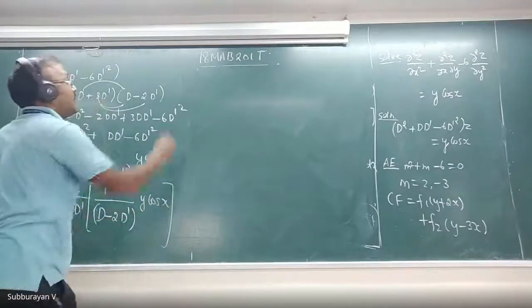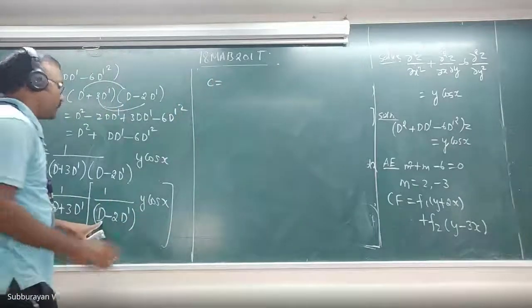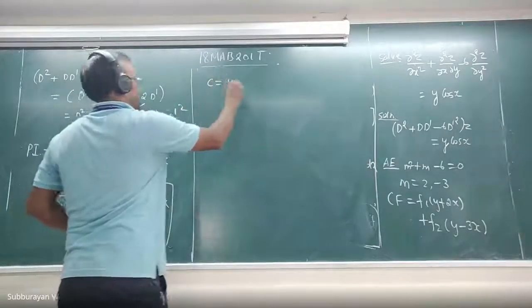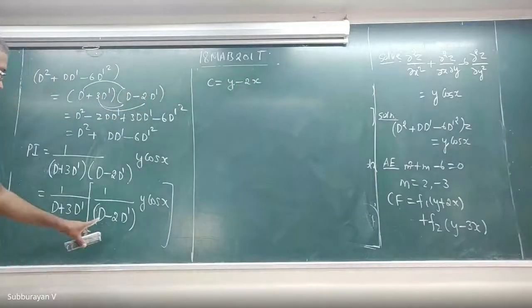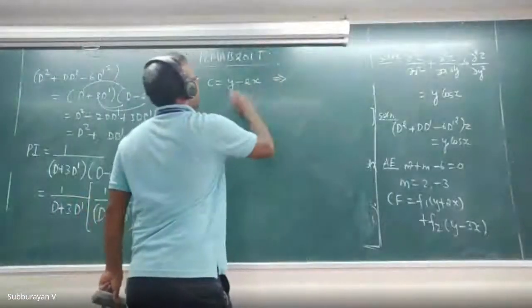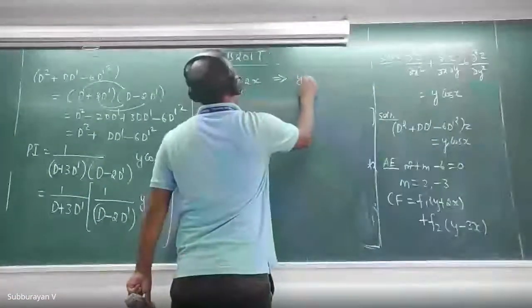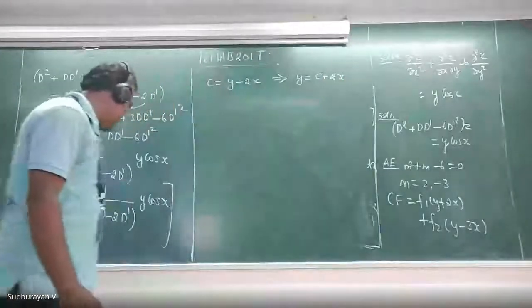For this I am going to choose c equal to y minus 2x. This gives y equal to c plus 2x.